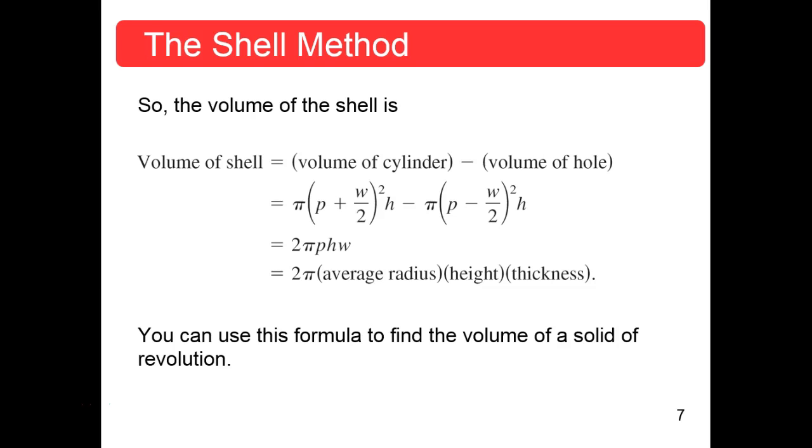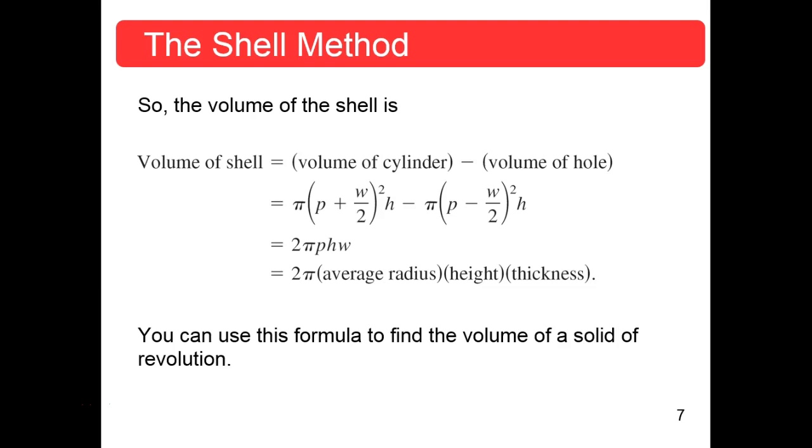Now the pi and the H are all the same. It's pi r squared, the area of the outer base and the inner base. But you see, pi P squared H is going to be minus pi P squared H. Those are going to go away.